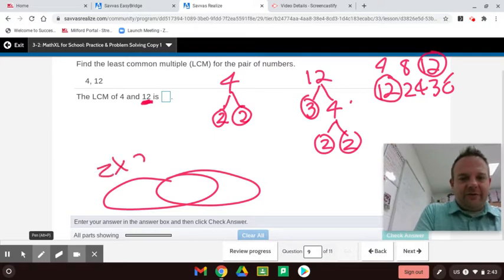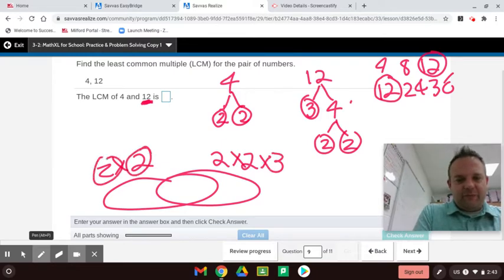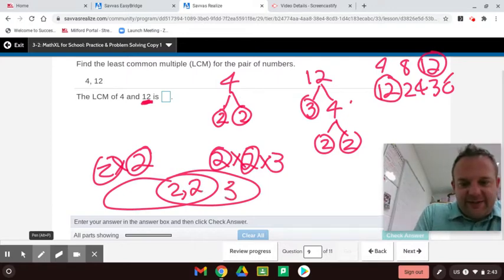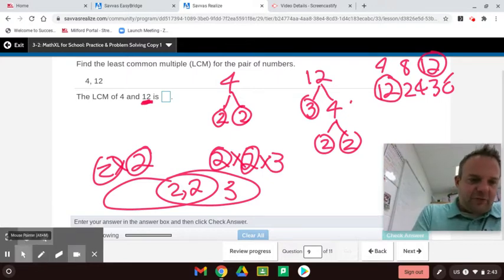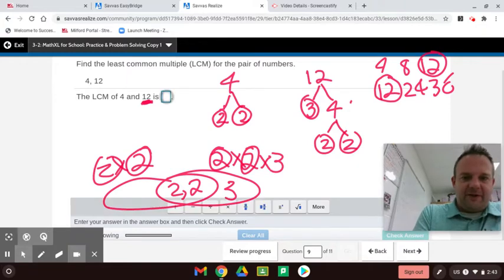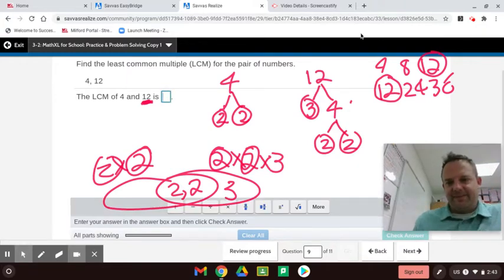2 times 2, and 2 times 2 times 3. They have two 2's in common, so the greatest common factor is 4 in this case. So you would go nothing here. 2 times 2 times 3 is 12. Sometimes it's good to know both methods, the list method and the prime factorization method.